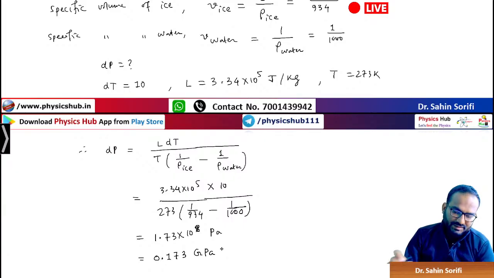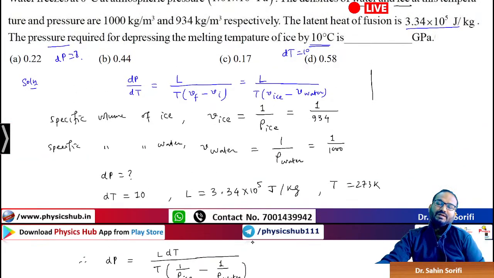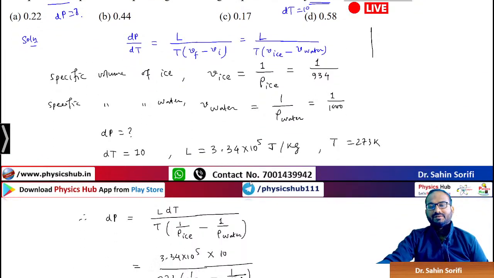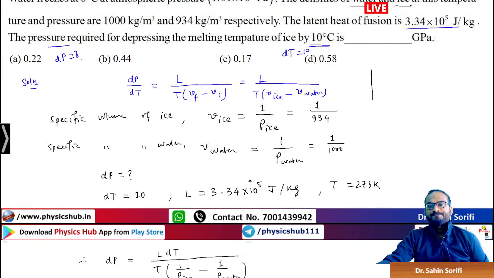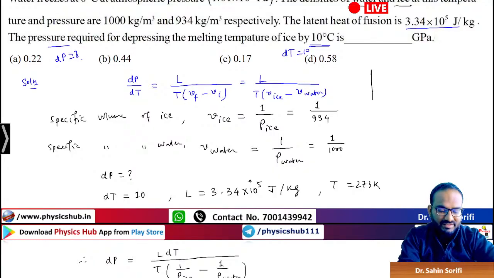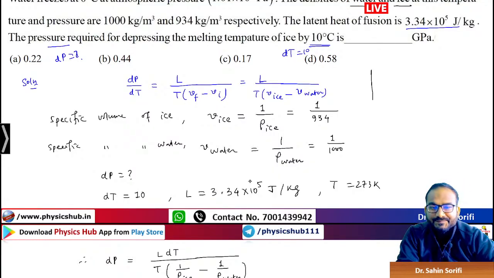Don't we need to change dT to Kelvin? Very good question. Can anyone like to answer? This is a genuine question. Murli, Ajay, Harry, tell me what answer you would give to Vantage. Do you need to change dT in Kelvin?